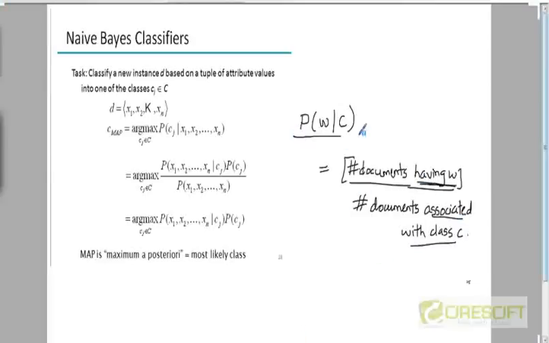So you compute these probabilities for every word in your vocabulary.